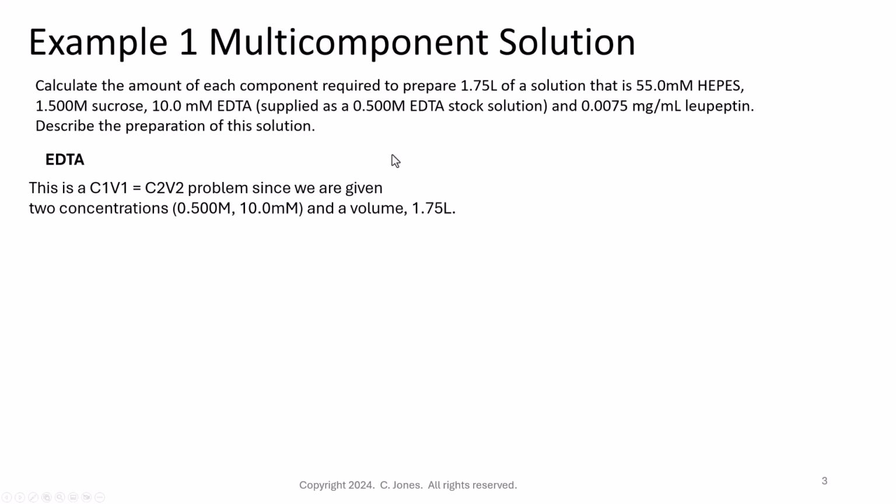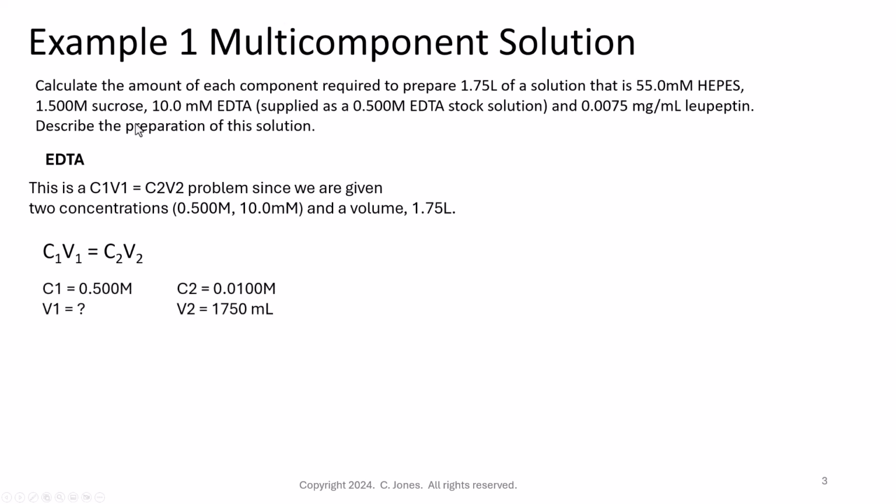So this is our favorite equation, C1V1 equals C2V2. So again, we need to identify the numerical value for each of these variables. So C1, again, is the larger concentration. So C1 is going to be 0.500 molar, because we know that millimolar makes this a much smaller number.